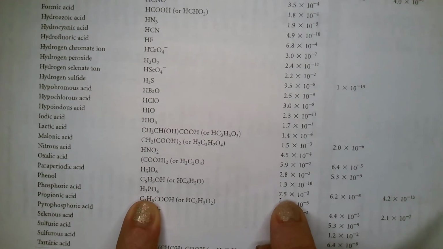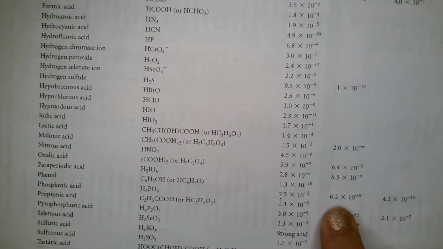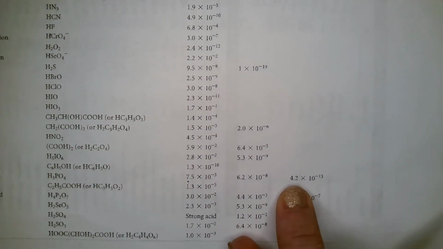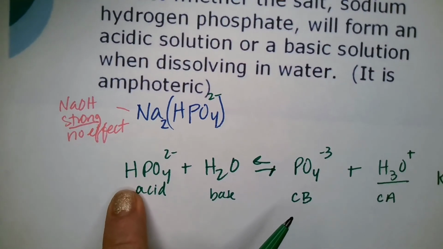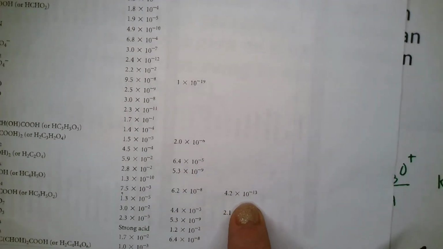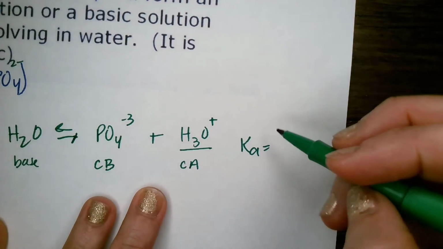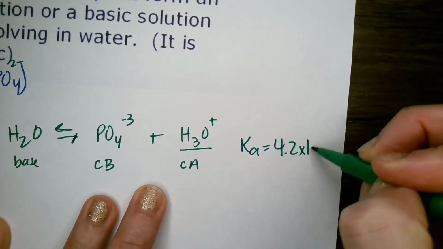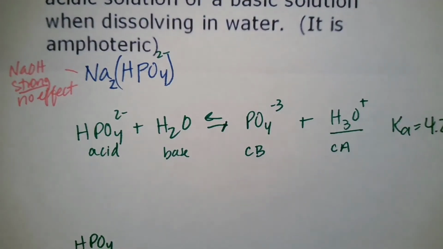Phosphoric acid is a triprotic acid, so to lose the first hydrogen, this is its Ka constant, then the second hydrogen, and we're trying to pull off the third hydrogen. Our Ka constant to pull off that last hydrogen, which is what we just did, is 4.2 times 10 to the negative 13.